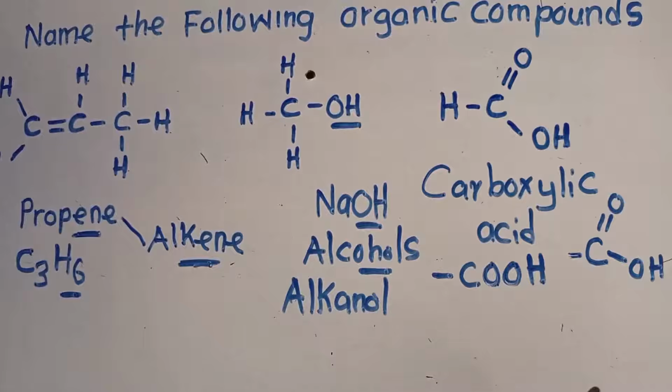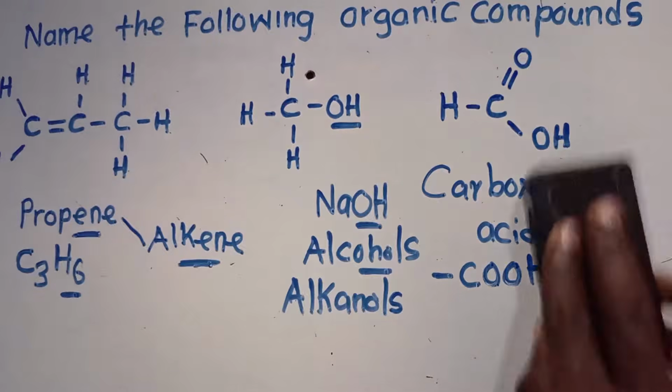These are some of the things that you need to know. These are some of the things that you are supposed to understand. So all these, you are supposed to study them. You are supposed to understand them. And these are questions that come in an exam. So now, what is the name of this same alcohol that I've talked about? And what is the name of this same carboxylic acid that is here?